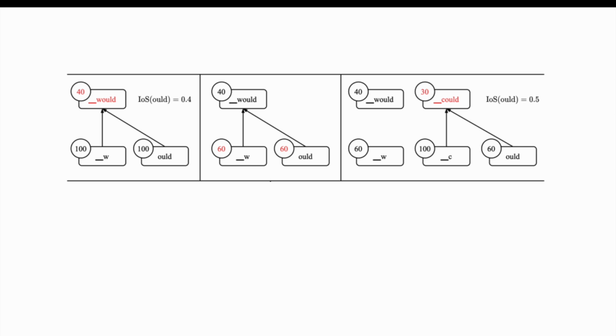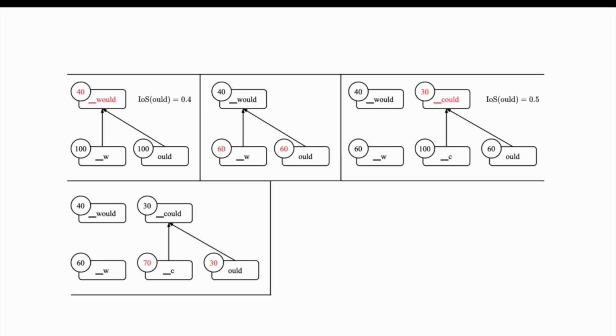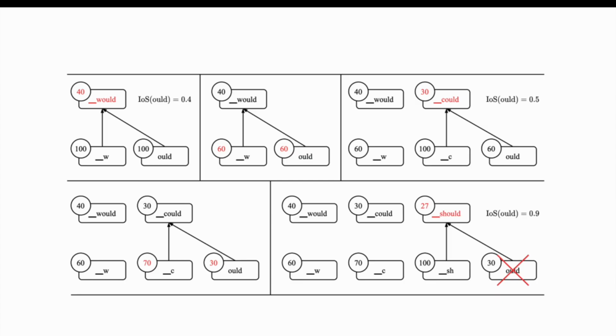Then we make the token could, and the intersection over self goes up a little bit, but still this is occurring in other contexts. And then finally, when we learn the vocabulary item should, now we don't have as many contexts in which ood is happening outside of would, could, should, and the intersection over self reaches the threshold and we remove it.